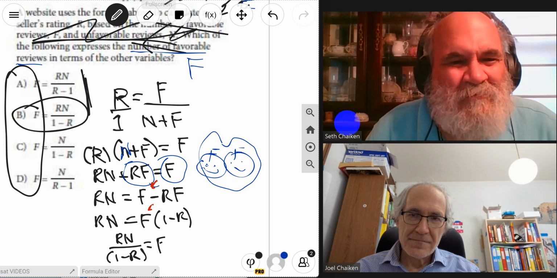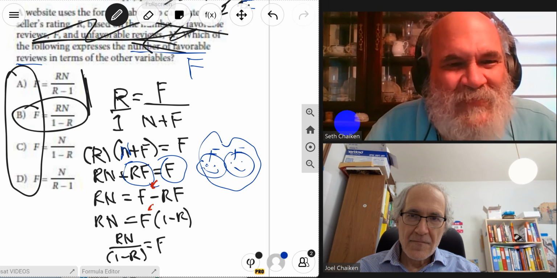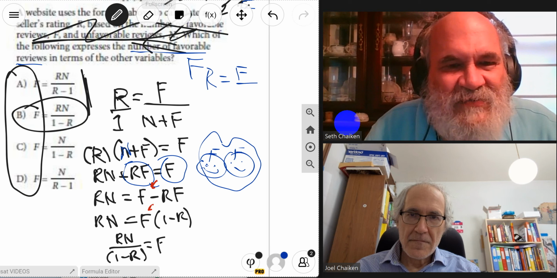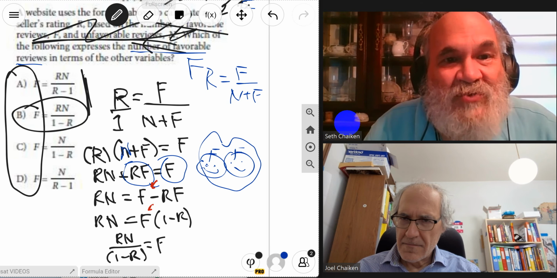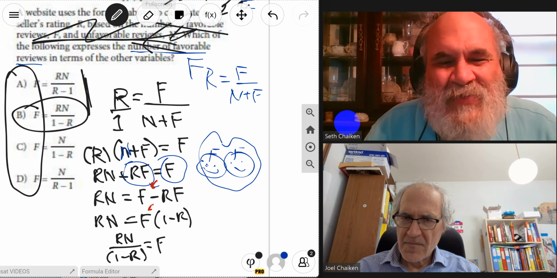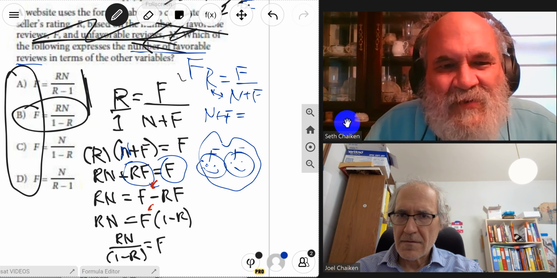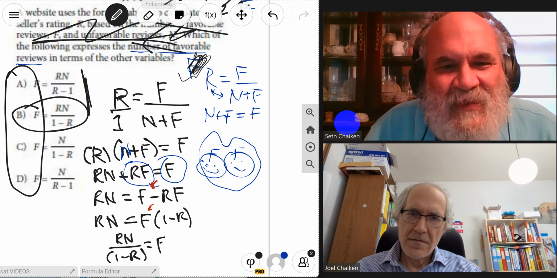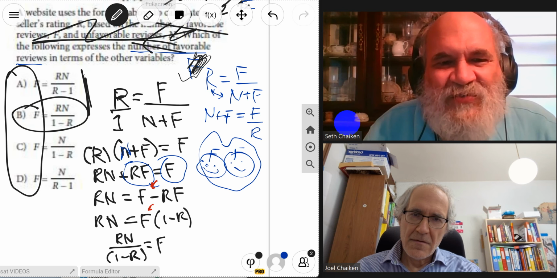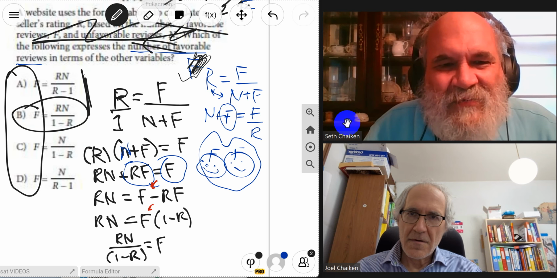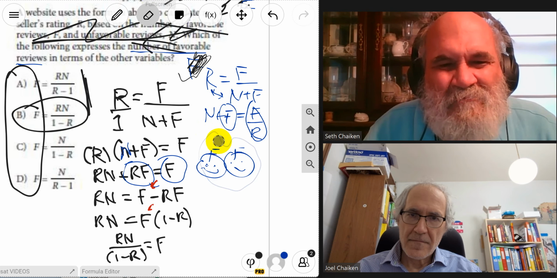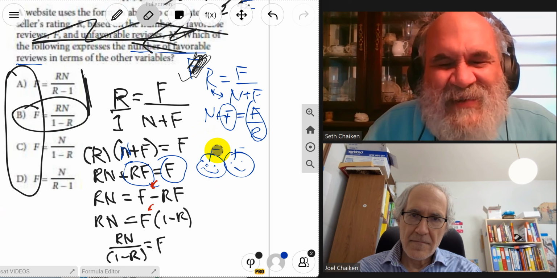Another thing to do is to go like this. You could multiply by N plus F and divide by R, which amounts to swapping, so N plus F equals F over R. This is cool because it gets the F's kind of added together.